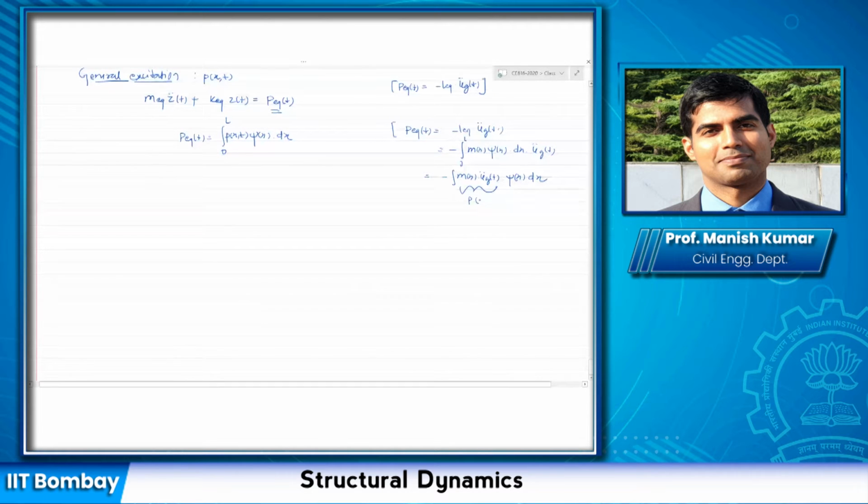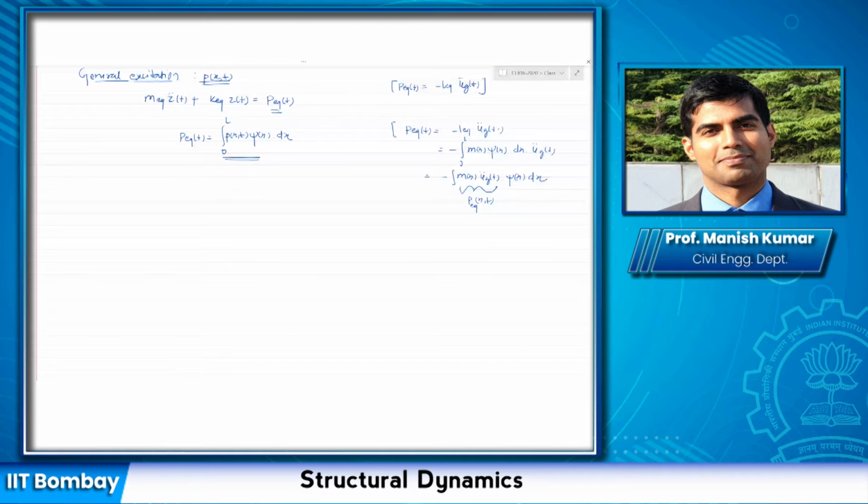The rest of the terms remain the same. This is a similar analogy to what we did in the previous chapters. So if a general excitation is given, to find the equivalent force being applied on the structure, you find the equivalent force as something like this. Okay, is this clear to all of you?